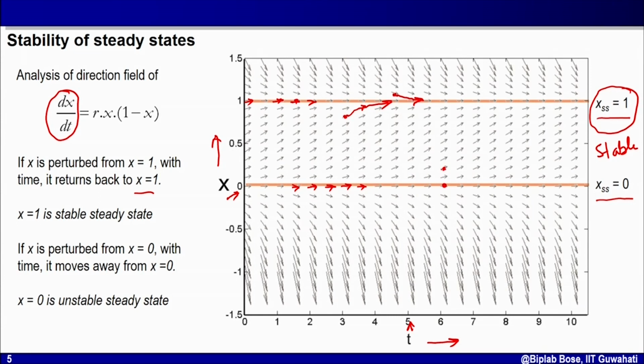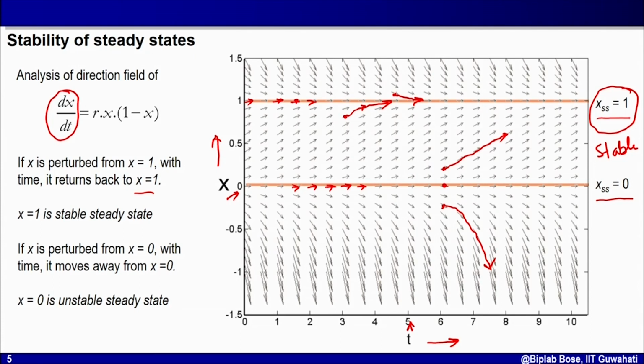Now if I leave x to evolve with time, x will follow these arrows and move away from x equal to 0. Suppose I take a value slightly below the original value of x equal to 0. If I leave it and allow x to change with time, following this direction field, x will move in this direction.